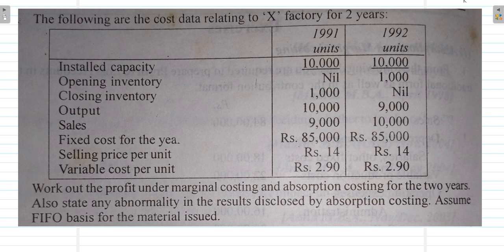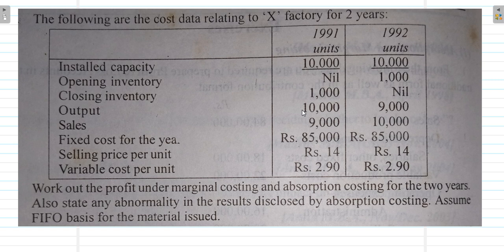So let's see how to determine profit under the marginal costing method and absorption costing. Here in this problem they have given us details for 2 years. The factory has an installed capacity of 10,000 units. Opening inventory is given for 1992 and closing inventory is given for 1991.